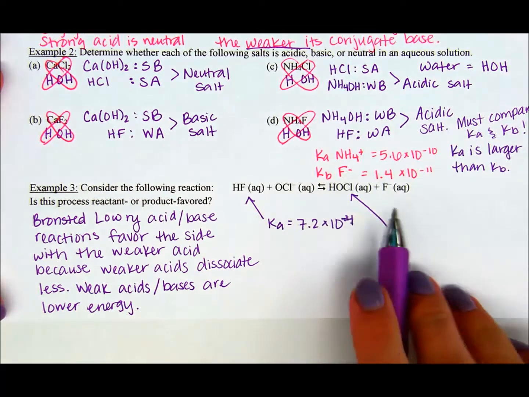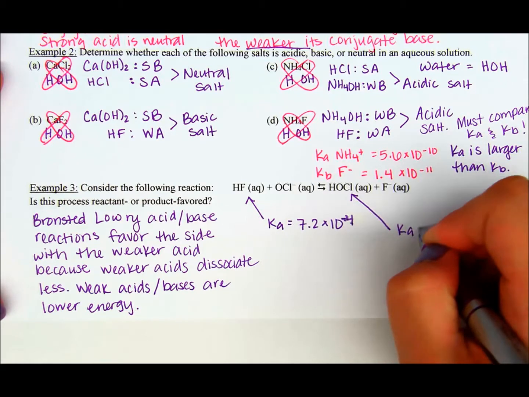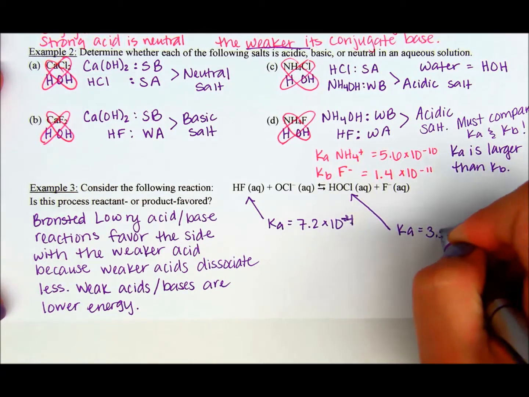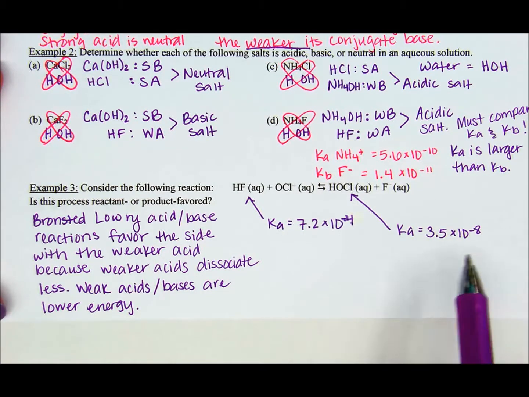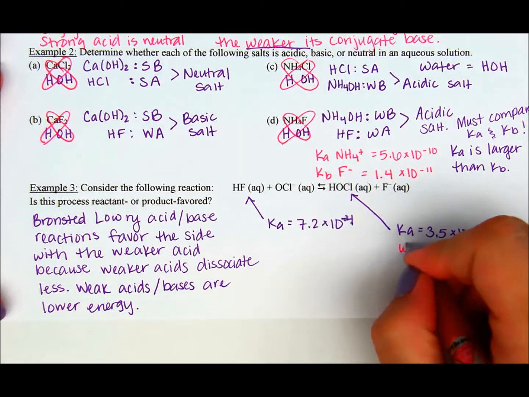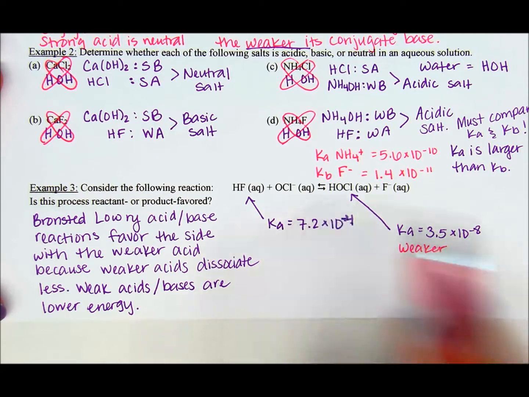HOCl. That's our acid because this is our conjugate base. And so that Ka equals 3.5 times 10 to the negative 8. So which one of these is weaker? Which one of these is smaller? So this Ka is much smaller, so this one's weaker. So this is the weaker acid, HOCl here.